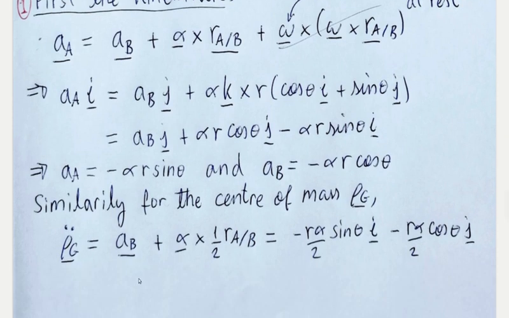Now, because we're going to use the conservation of angular momentum, it really helps to write things in terms of the center of mass. So first we're going to write the acceleration of the center of mass relative to b. So it is going to equal b plus the angular acceleration of the body cross product with the vector that goes from b to g.